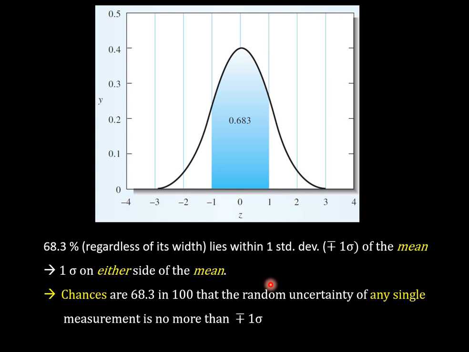Another meaning, more understandable, is that the chances are 68.3 in 100 that the random uncertainty of any single measurement is no more than plus or minus 1. So I repeat, the chances are 68.3 in 100 that the random uncertainty of any single measurement is no more than plus or minus 1 sigma.